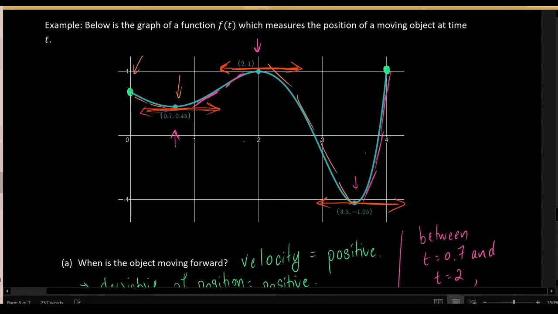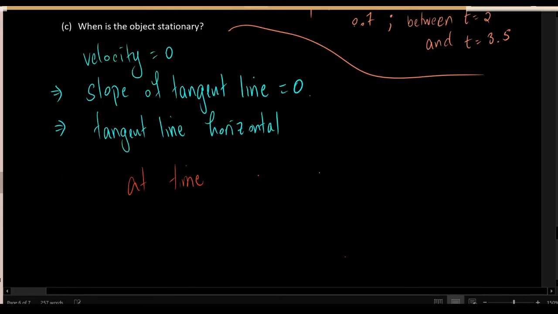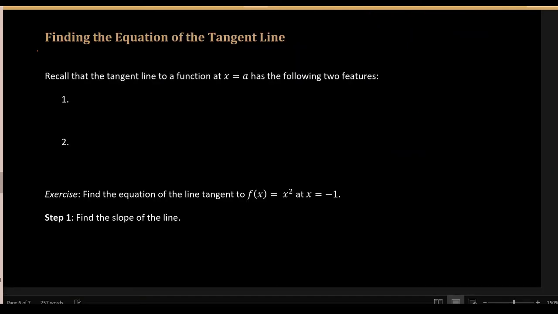So based on the image here, there are 3 instances when the car's speedometer, when the object's velocity, is measuring 0 exactly: at time 0.7, at time 2, and at time 3.5. The 3 locations on the graph where the tangent line was horizontal.